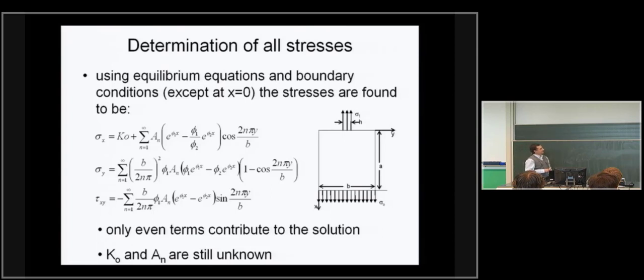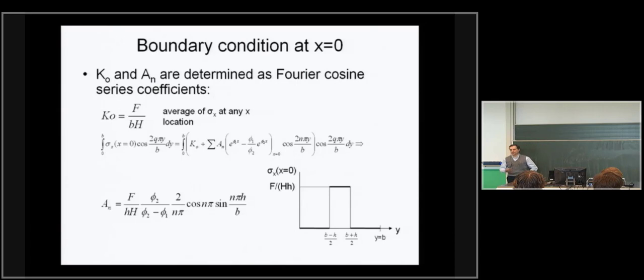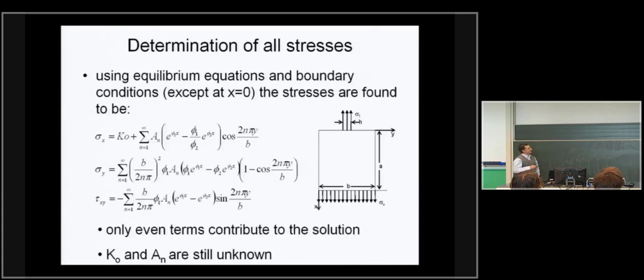But we had not satisfied the conditions related to sigma x, which would allow us to determine finally k0 and an. And k0, again from Fourier cosine series theory or from simple integration, is the average stress. Basically, if I integrate with respect to y from one end to the other at any x location, this integral of the cosine 2n pi y over b from y equals 0 to y equals b would be always 0.